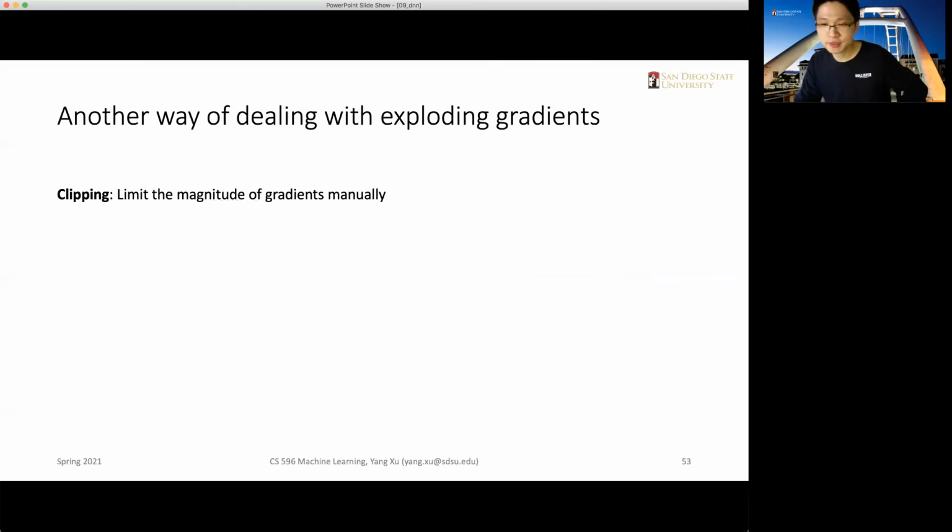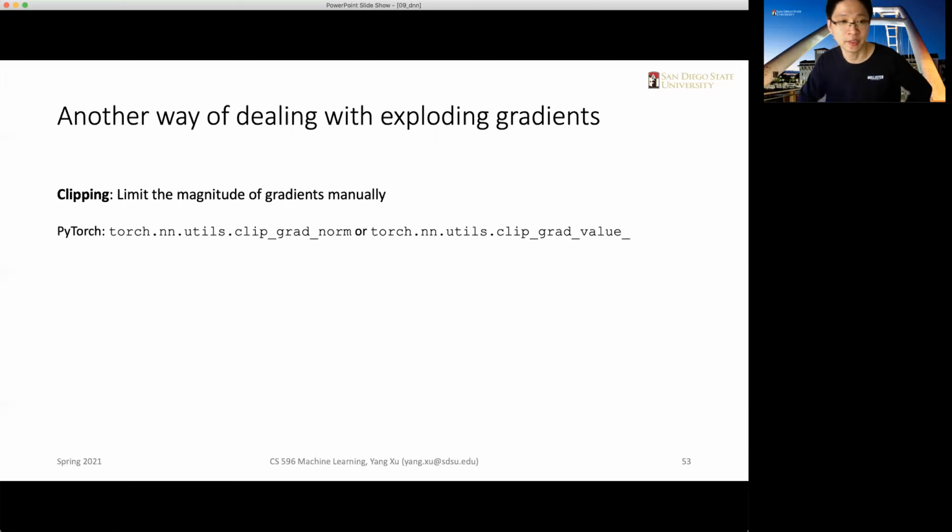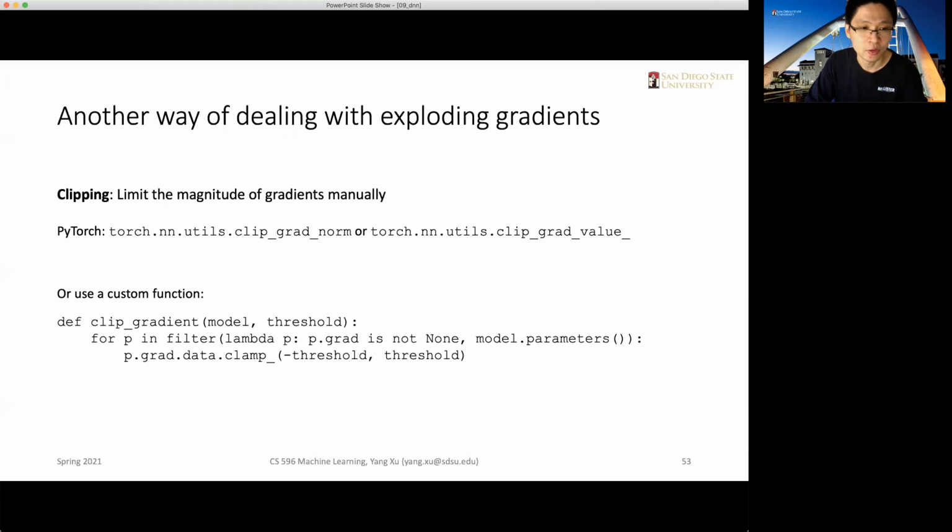If we want to deal with the dynamic exploding gradients issue that occurs quite often in training a model, we can simply use a method called clipping. This is a very simple way. It's just to limit the magnitude of gradients manually. We just set hard limits to tell the gradients that they should not exceed this limit. In PyTorch, we use gradient grad norm or grad values, or we can write a custom function where we set some threshold.